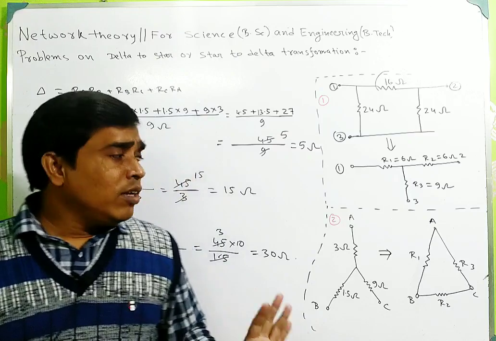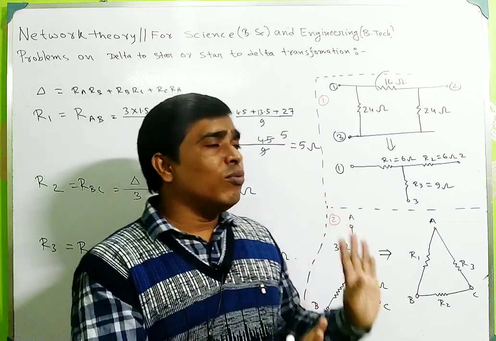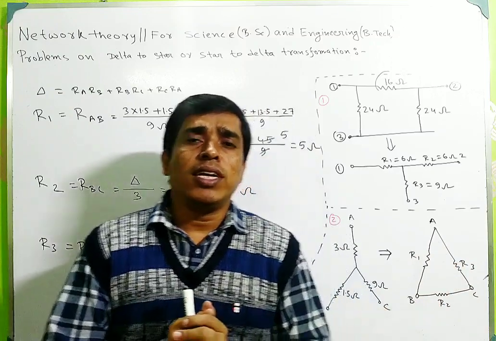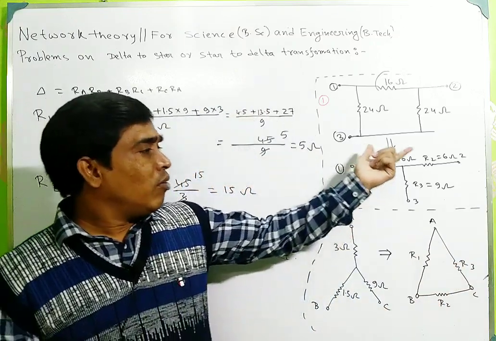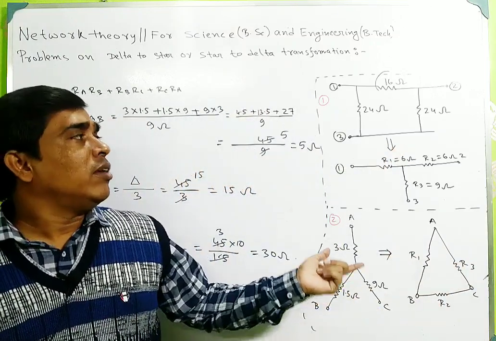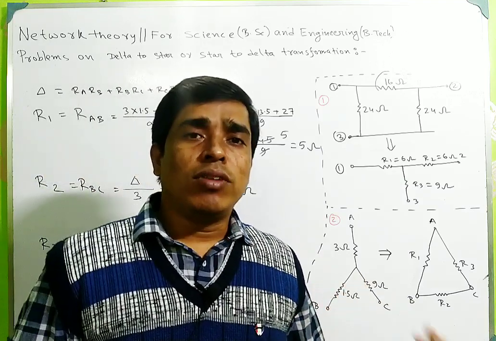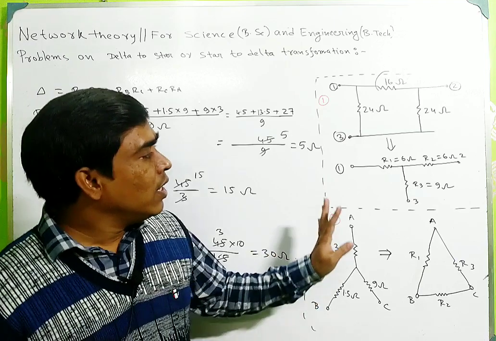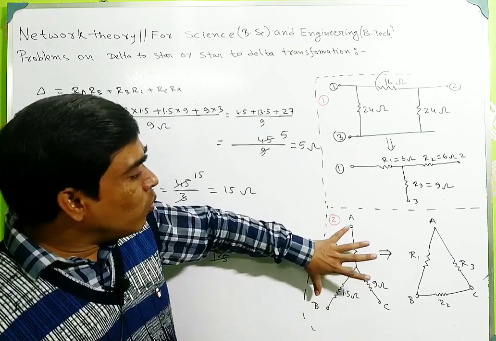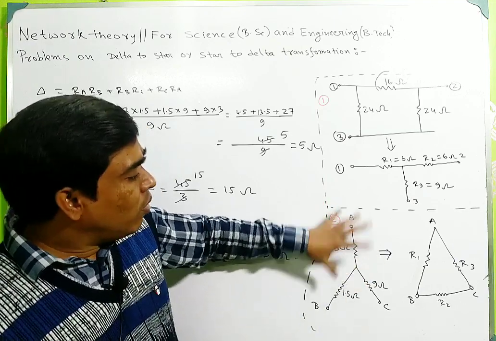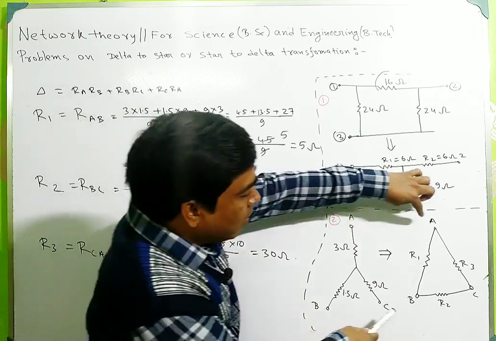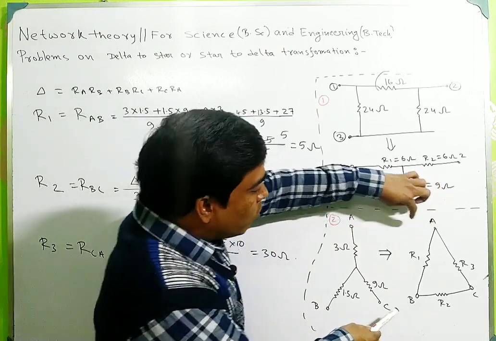If you understand these two problems, then you can easily calculate any transformation, that means delta to star or star to delta transformation. You have to keep in mind what the node is.